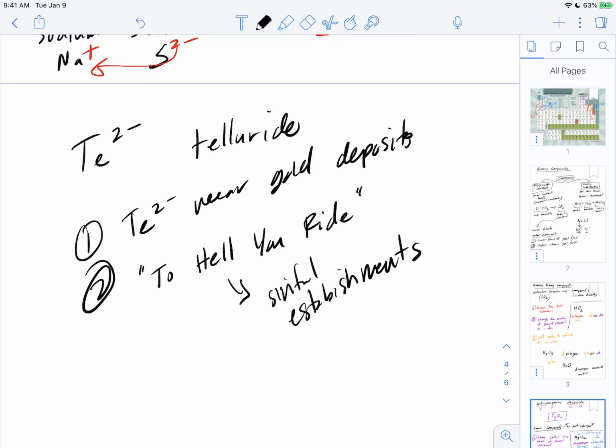So, not sure which one of those is why Telluride got its name, but they're both pretty fun. One chemistry related, one not.